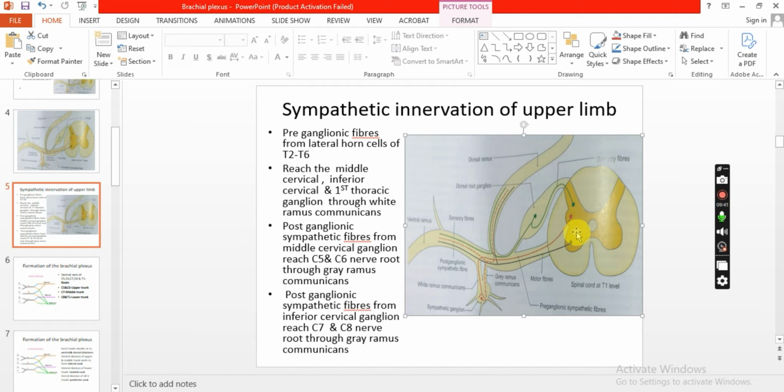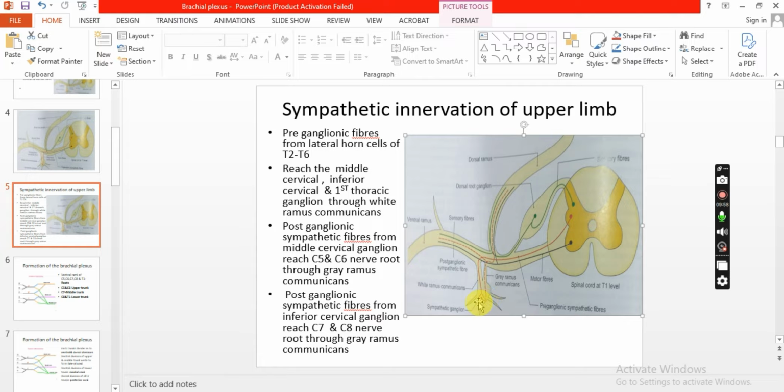So here you can see the fibers from this lateral horn pass all the way through the trunk of the spinal nerve, then through the white ramus communicans to reach the sympathetic ganglion.